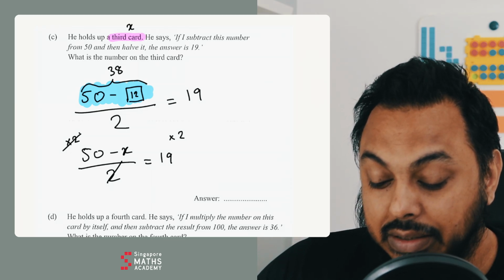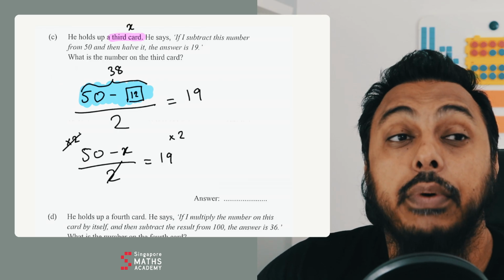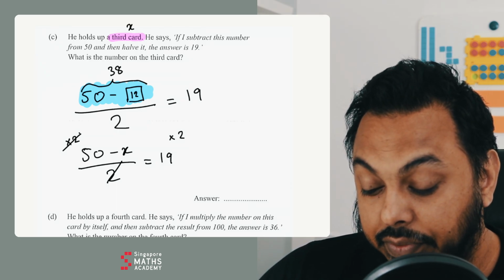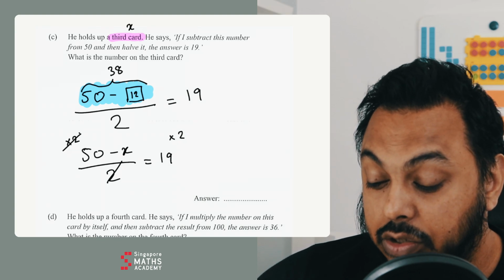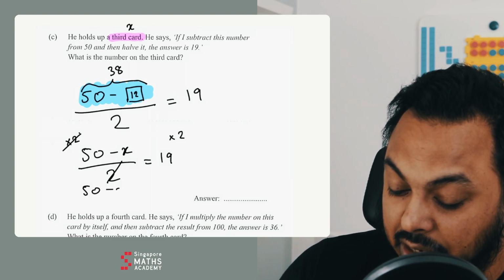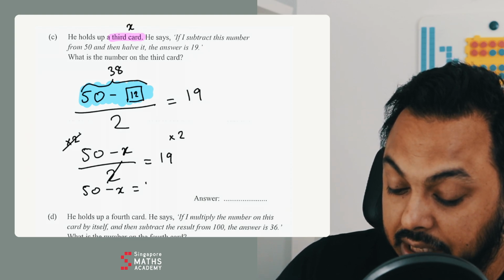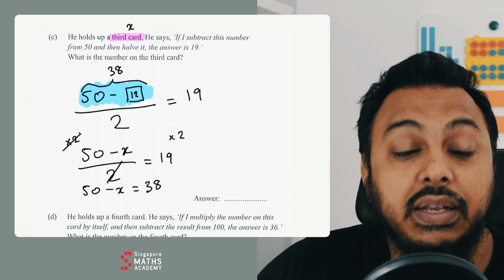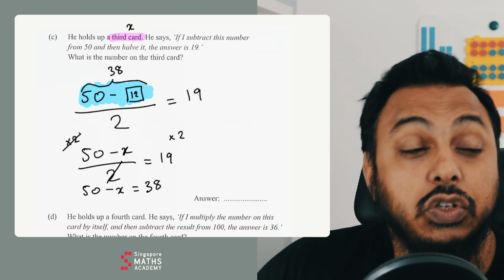And so that's why they cancel each other out. But remember, whatever we do on the left hand side, we have to do on the right hand side. And so 19 times 2 is 38. So we have 50 take away x equals 38. So 50 take away something gives me 38. I know that something is going to be 12.